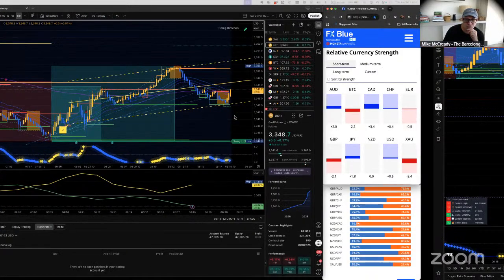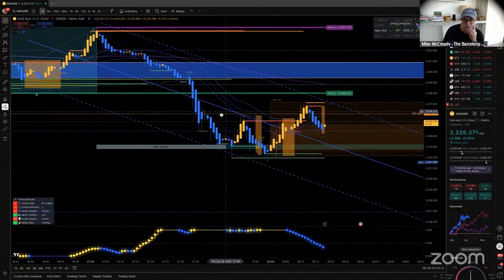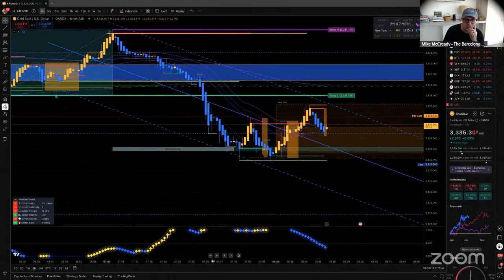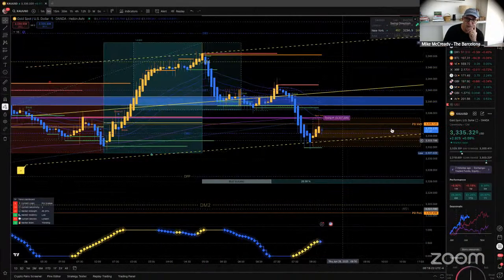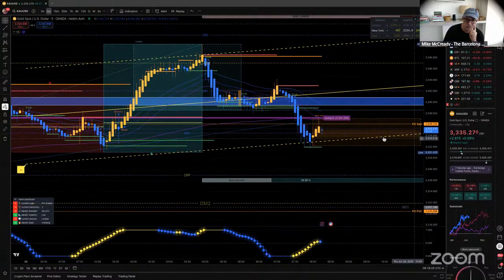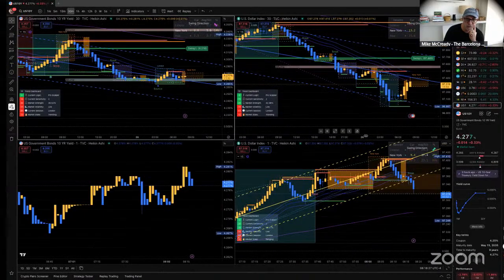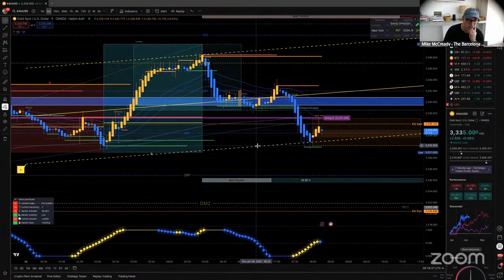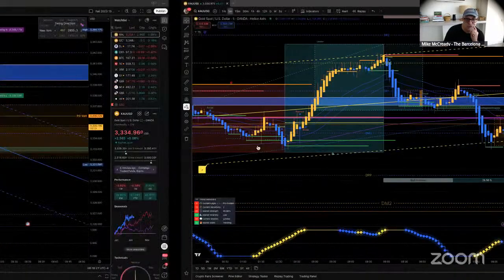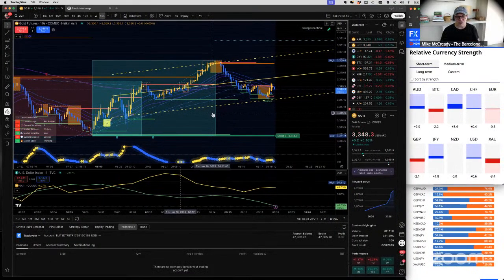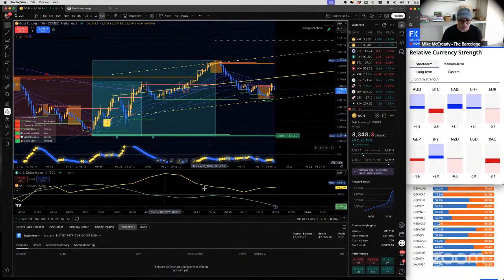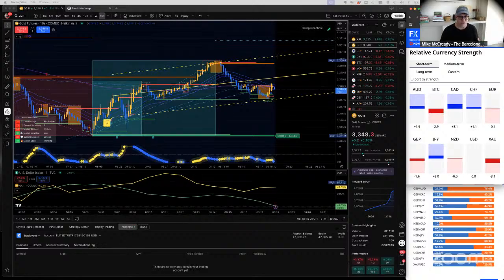If I flip over here, I do all my charting, all of my supports, resistances, all of my drawings and everything on the spot gold chart. So when I'm talking about where I see supports and resistances, I'm usually talking about the spot gold chart, the XAU USD, the one that you're trading. But because I'm trading the futures chart, that's where I do my trading. But the futures chart respects all of the supports and resistances and the pivots that are on the spot gold chart.